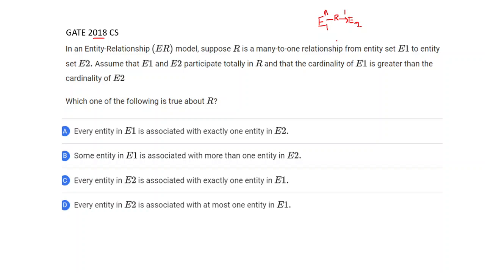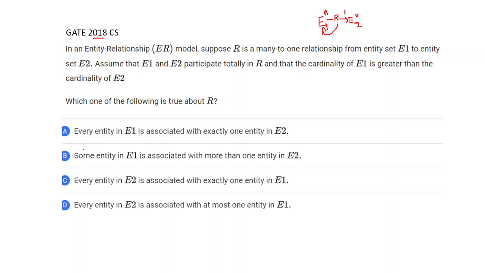For this kind of case, this relationship will be merged to this E1 part, and every row of E1 will be associated to one row of E2. So these are the informations that we get from this kind of relationship.